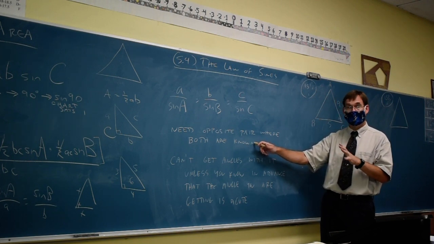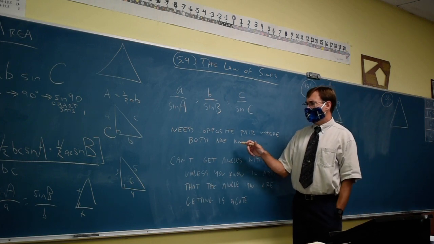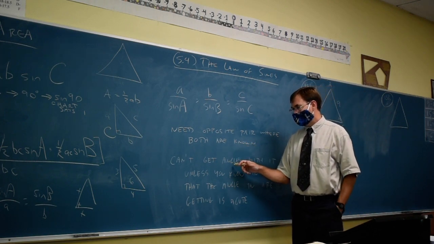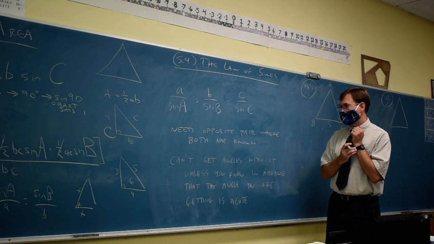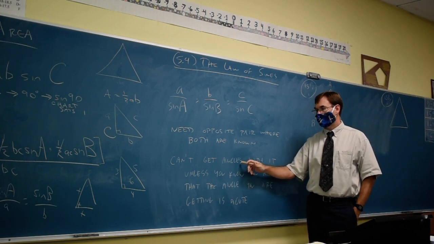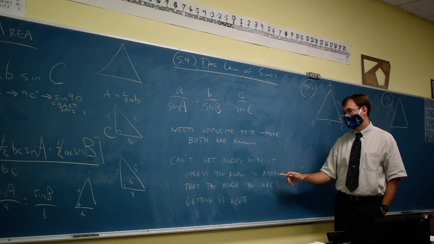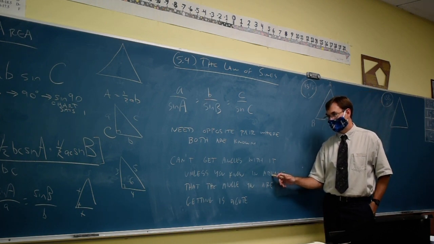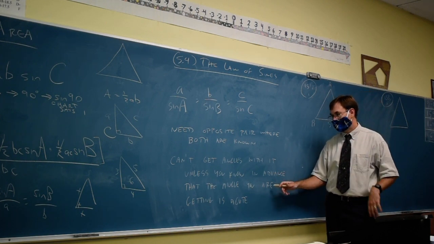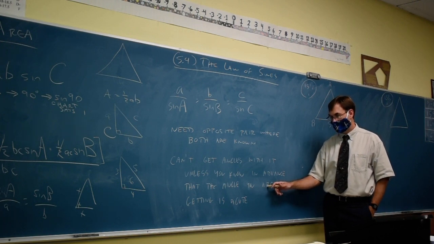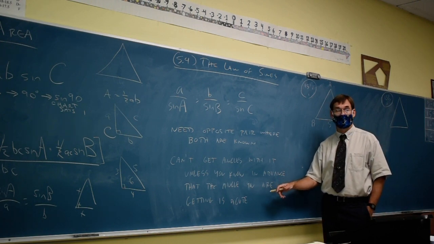The other thing about this, and they won't ask you to do this yet, but this will come up later in the chapter: you can't use the law of sines to get angles unless you know in advance by logical powers that the angle you're working on would have to be acute.